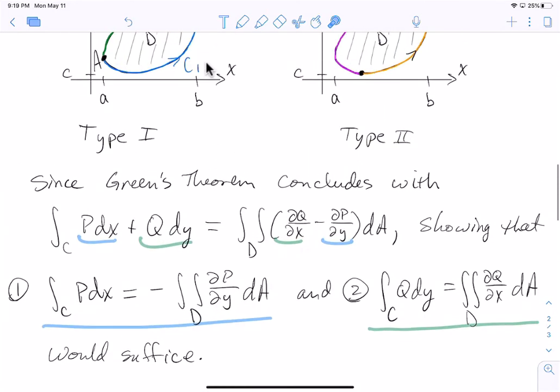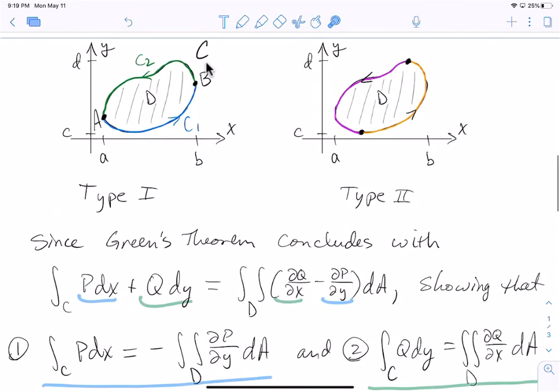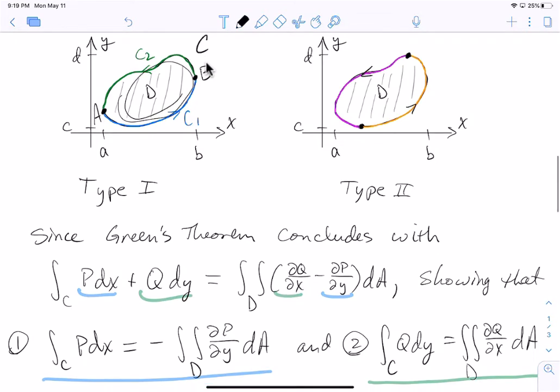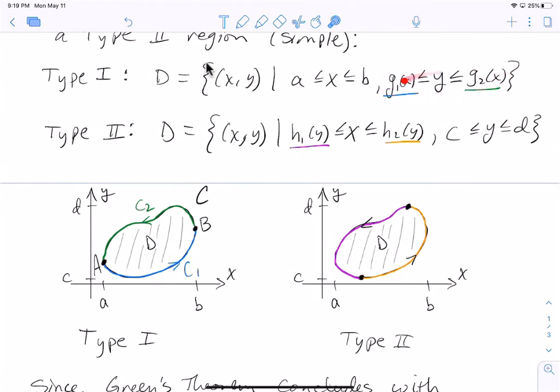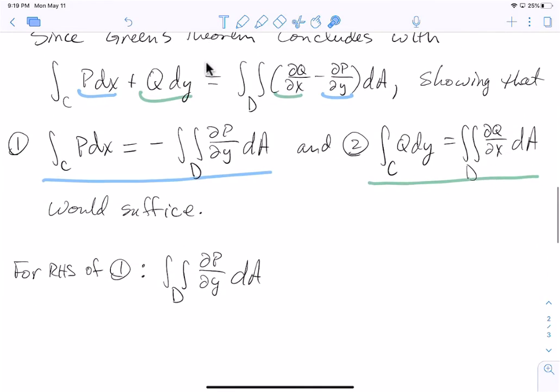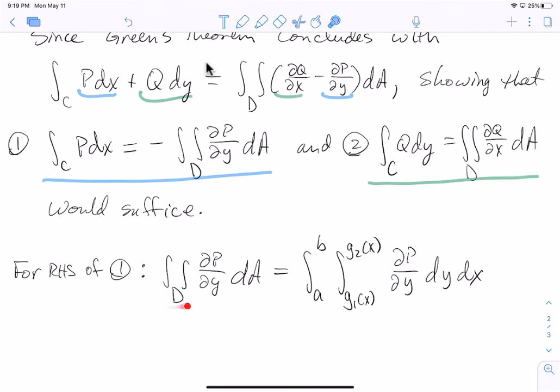Based on our view of D as a type 1 region, we can express this as a double integral with C2 as the upper boundary and C1 as the lower boundary. Those are what we call g1 and g2 of x. So the double integral over D of the partial of P with respect to y dA then becomes the integral from a to b of the integral from g1 of x to g2 of x of the partial of P with respect to y dy dx.